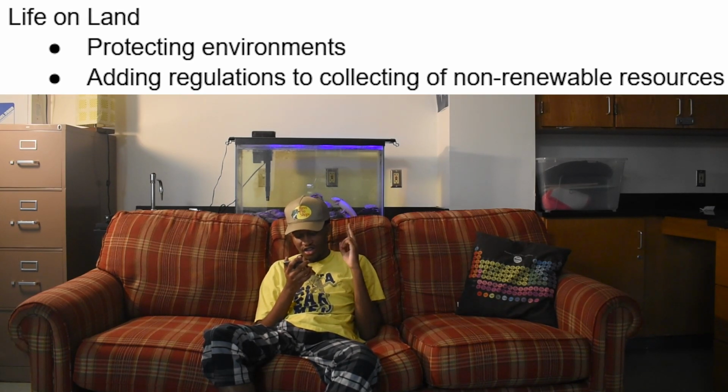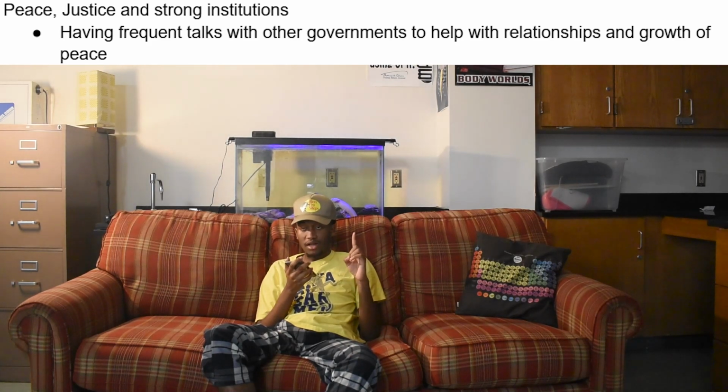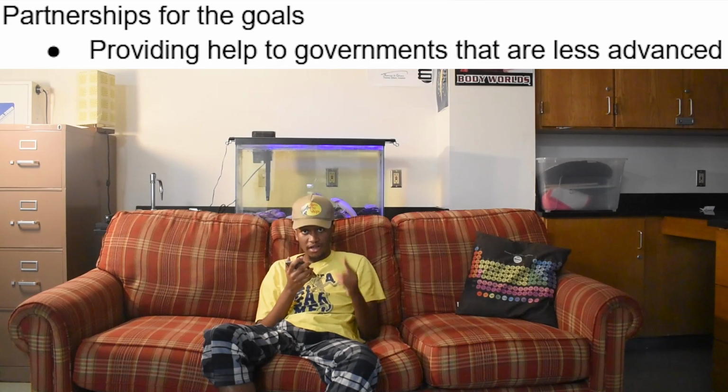Adding regulations to collecting of non-renewable resources like coal, fossil fuels, oil, other things. Peace and justice and strong institutions. We have frequent talks with governments to help the relationships and the growth of peace. Partnerships for the goals. We provide help with governments that are less advanced.